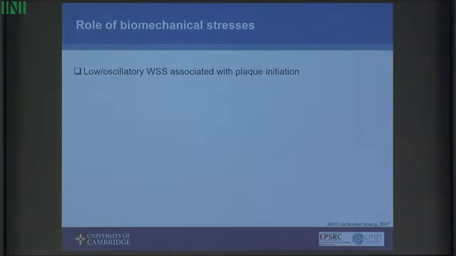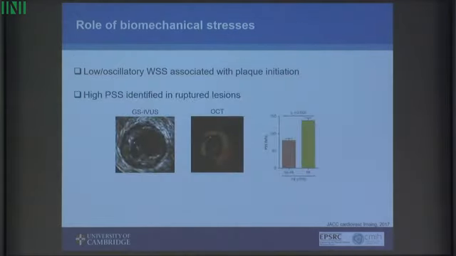So in the last few decades, there has been a number of studies to look at the actual role of biomechanical forces or stresses. It is well agreed that a low or oscillatory wall shear stress is associated with plaque initiation. And in a paper about 2 years ago, we also verified the idea that high plaque structural stress was indeed present in the ruptured lesions, as evident by the OCT imaging and grayscale IVUS.